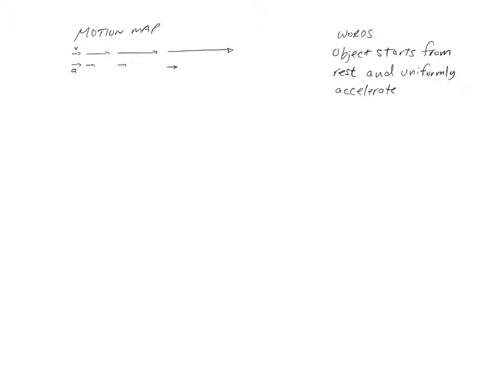Now, accelerates does not mean speeds up. Some people use it in that context, but in physics, acceleration can mean you're speeding up or slowing down. In this case, you happen to be speeding up while moving in the positive direction.